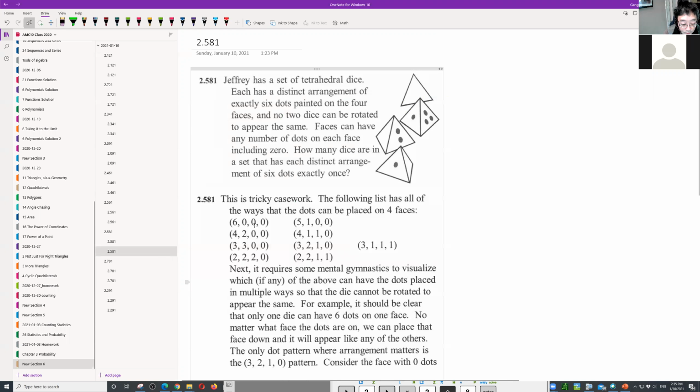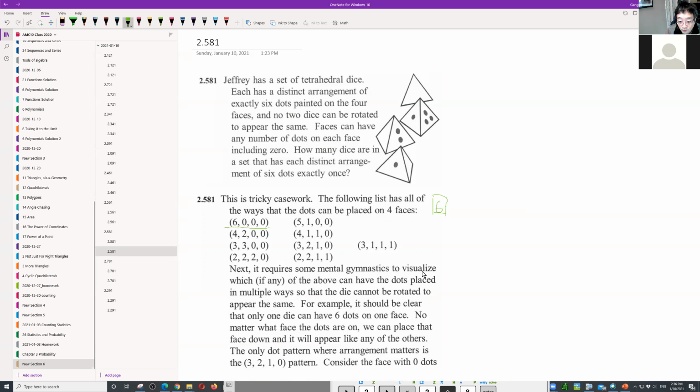So basically it's listing out all the possible ways. Let's try to figure out how it's doing the casework. Obviously you can have 6 as the leading case.